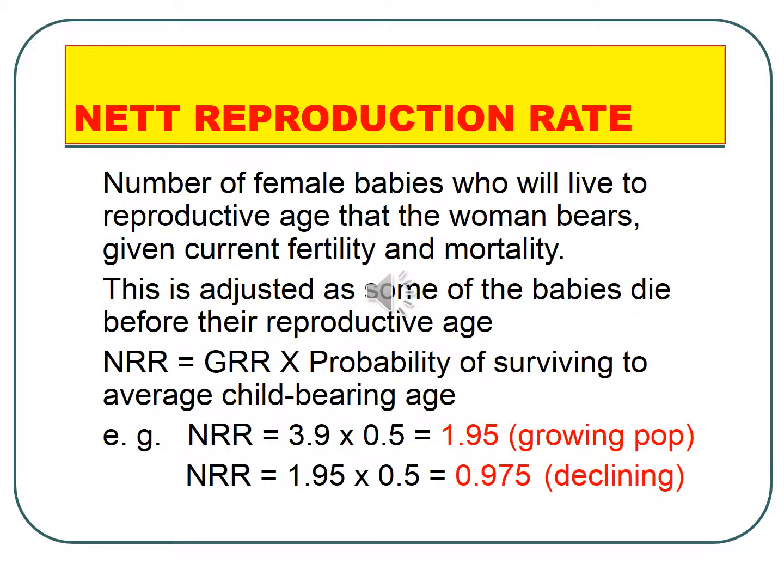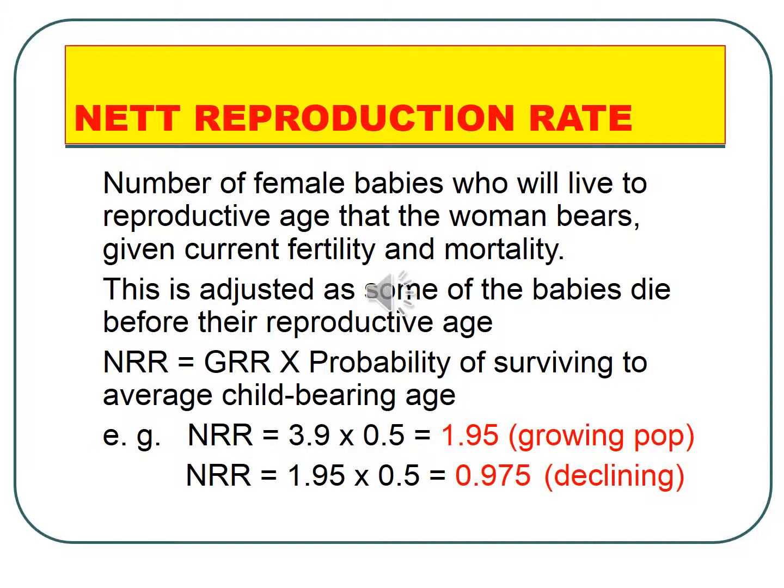Net reproductive rate is the number of female babies who will live to reproductive age that the woman bears, given current fertility and mortality. It is calculated by multiplying the gross reproductive rate with the probability of surviving to average childbearing age.